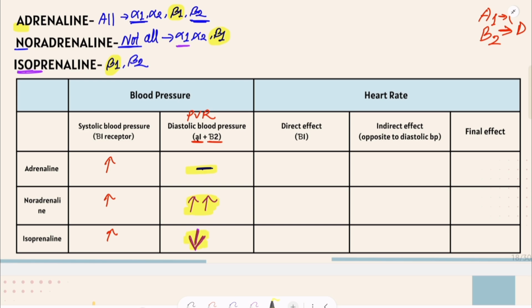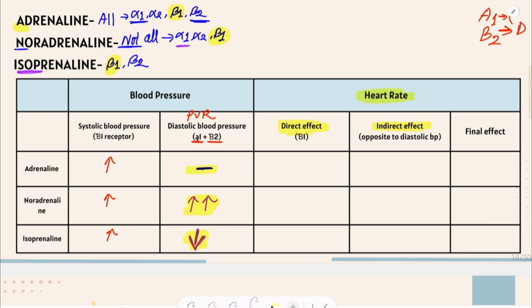So now we can discuss the effect of these drugs on heart rate. One thing to remember: whenever we discuss the effect of any drug on heart rate, we always discuss under two headings. First, what is the direct effect on the heart, and second, what is the indirect effect on the heart. The direct effect on the heart means the drug will directly go to the heart and stimulate or inhibit its receptor.